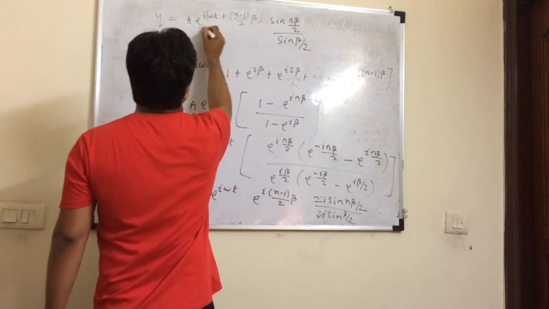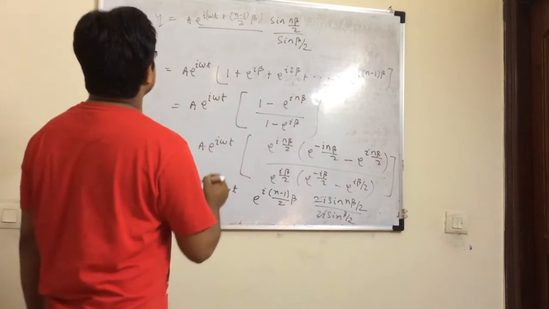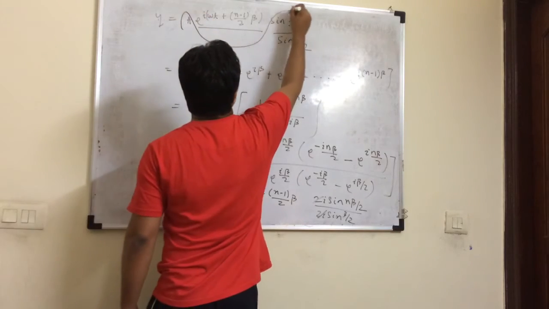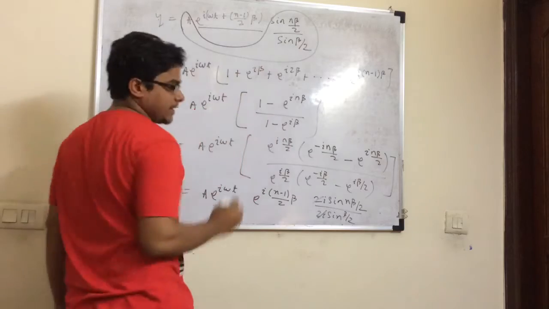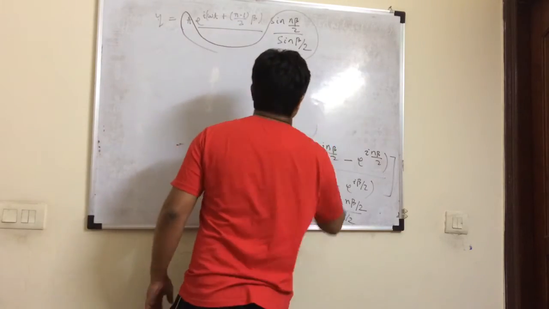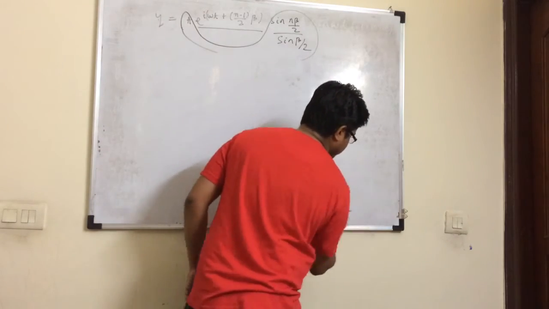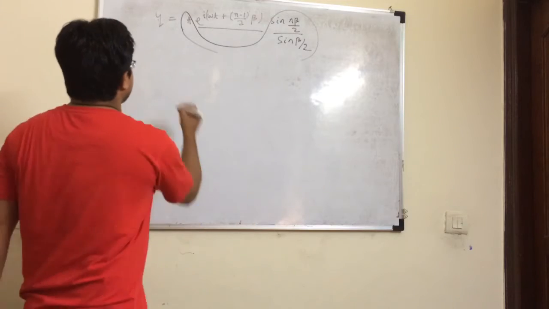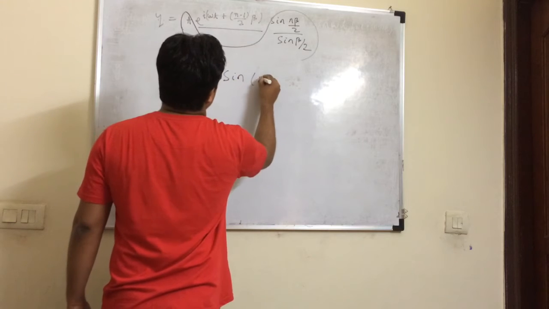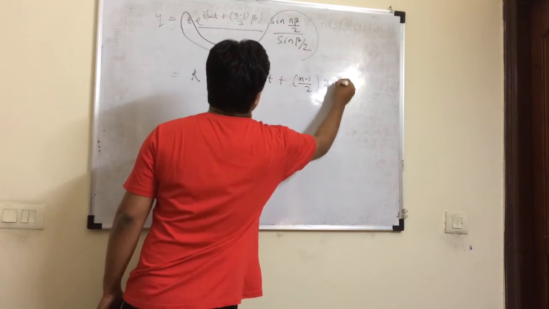So here this is the oscillatory function. The imaginary part of this we will consider, and the rest is the amplitude, that is a times this gives you the resultant amplitude. If I consider the imaginary part of this result that we got, we can write this as r times sine (omega t plus (n minus 1) by 2 times beta).